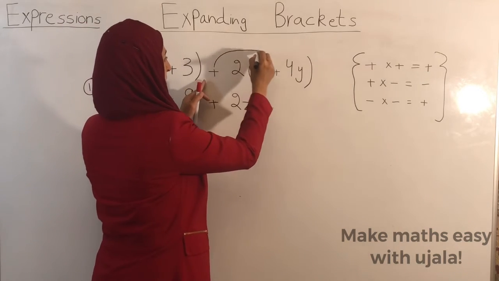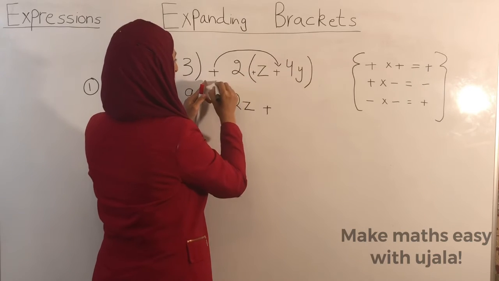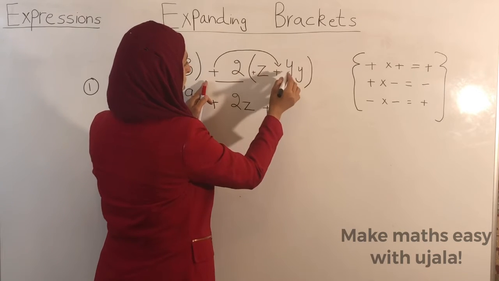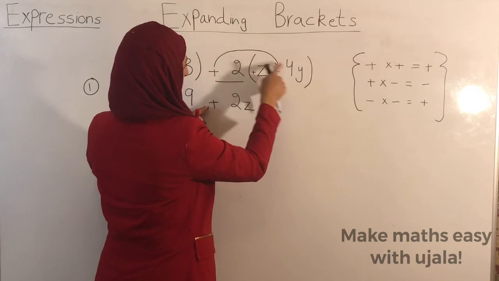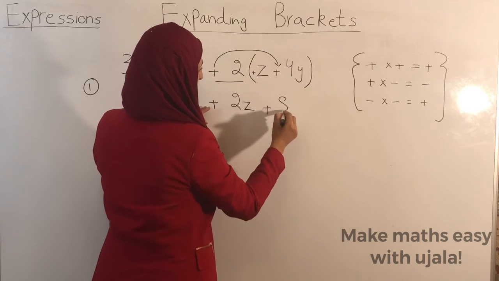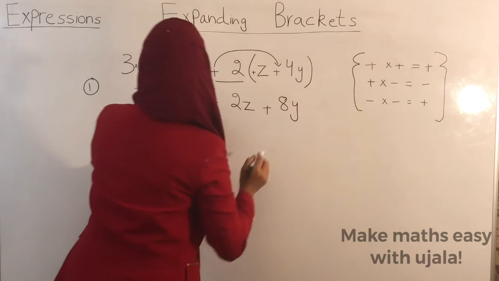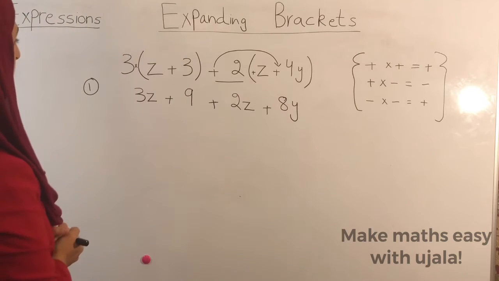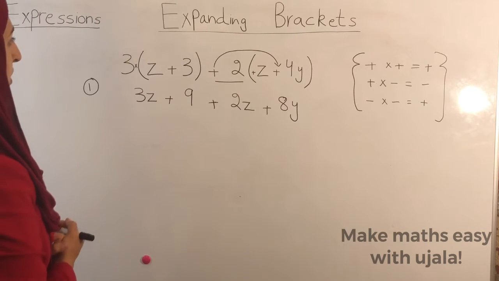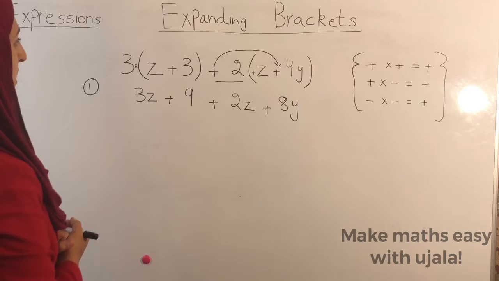This sign is multiplying with this, plus 2 whole is multiplying with this. So plus 4 times 2 is 8y. So 3z plus 9 plus 2z plus 4 times 2 is 8y.